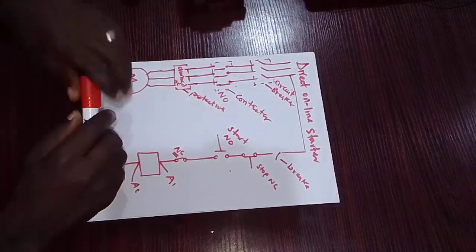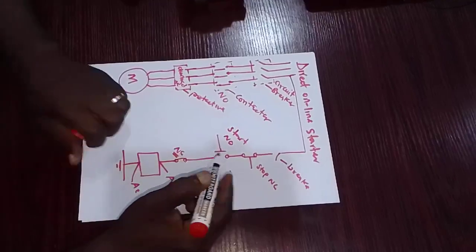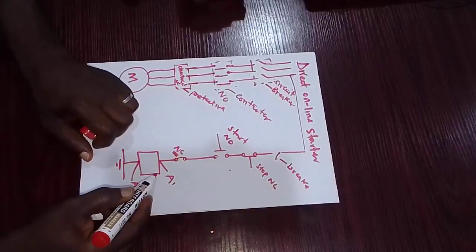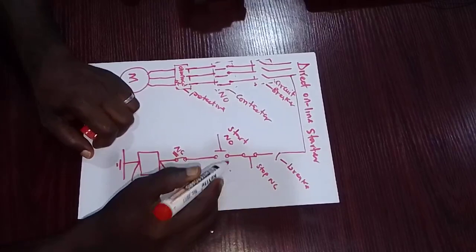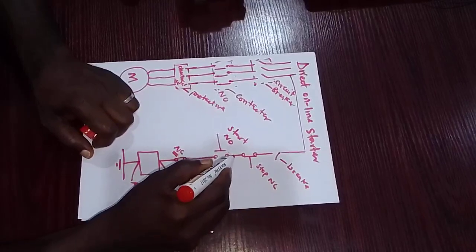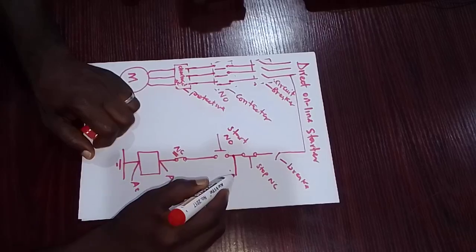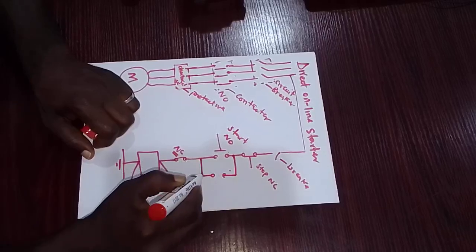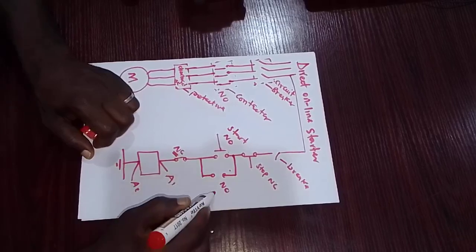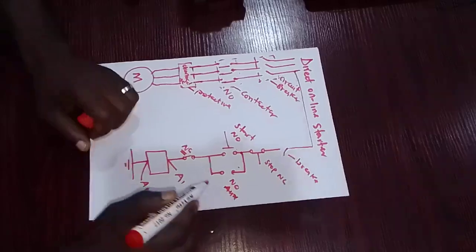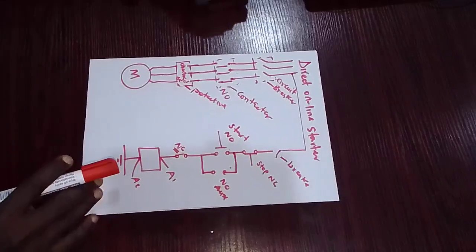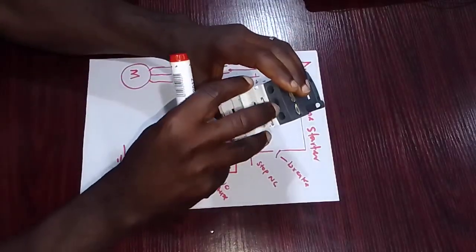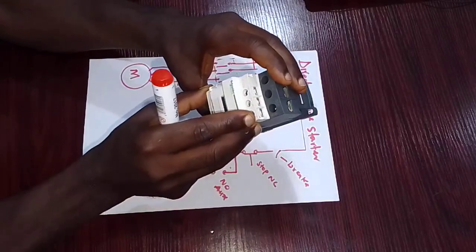In order to sustain the flow of current into the coil, we need to make a connection here. We want to tap a supply here to go through the normally open contact of the auxiliary contact. Here's a contactor. This section of the contactor is the auxiliary contact.